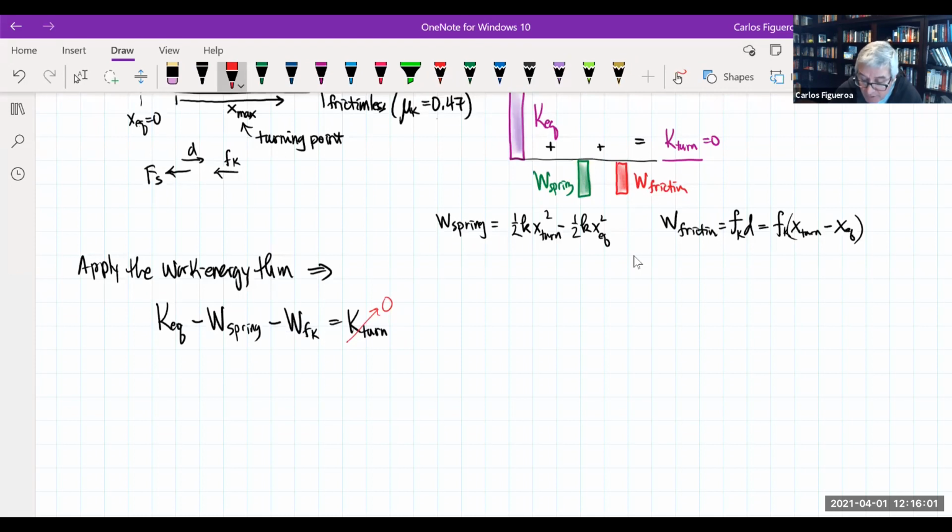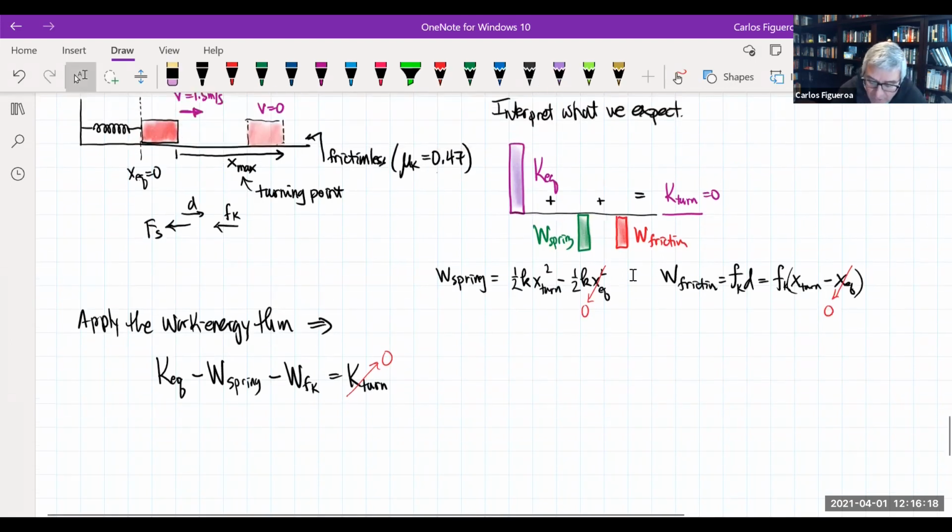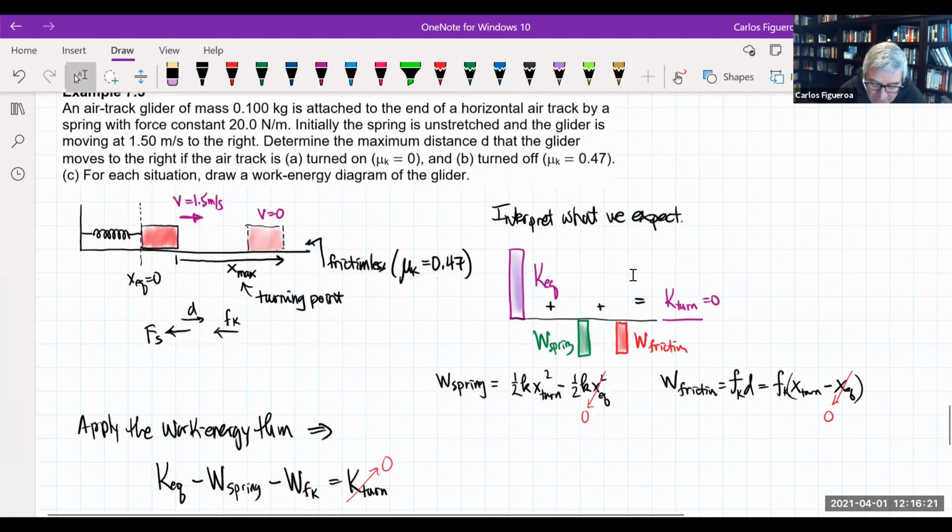So now let's put in our terms here. Well, x equilibrium, of course, is 0. Now I have my turning point for this friction case. But note, this turning point should be shorter than the other one. So I'm going to be a little bit more careful. This time, I'm going to add a prime to let you know that I'm talking about a different point, not the same point.